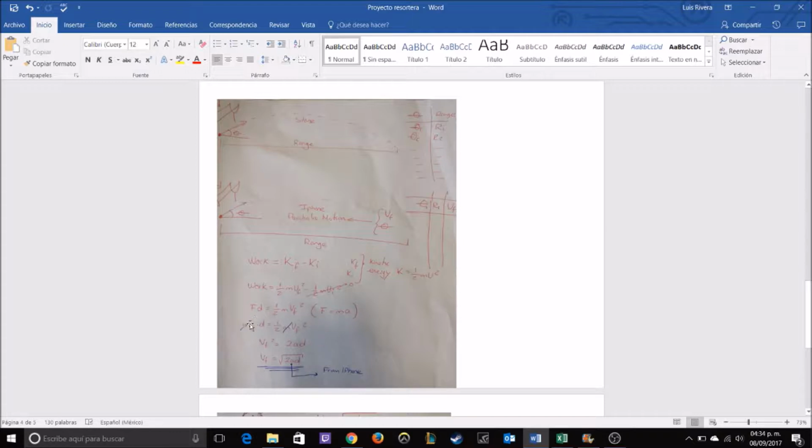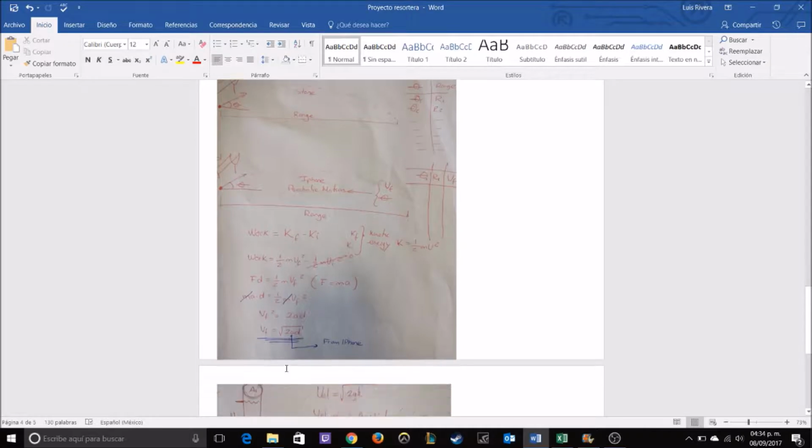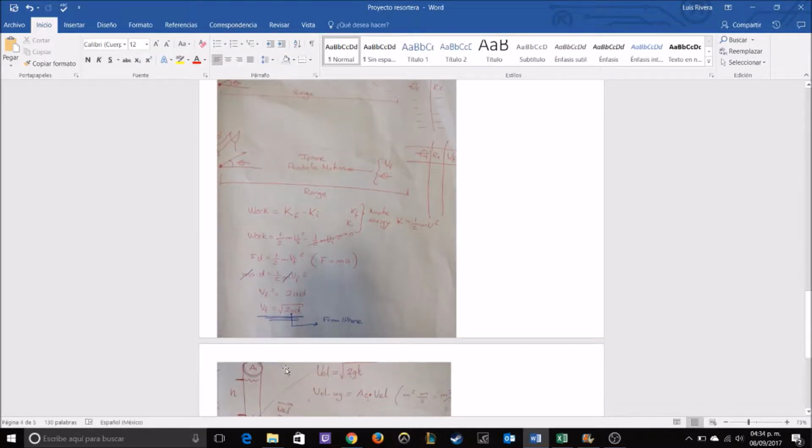So in this formula we can cancel mass, and this leaves us with 1/2 times the final velocity squared, and we can say that the final velocity squared is equal to 2 times the acceleration times the distance, and the final formula would be final velocity equals the square root of 2 times the acceleration times the distance.